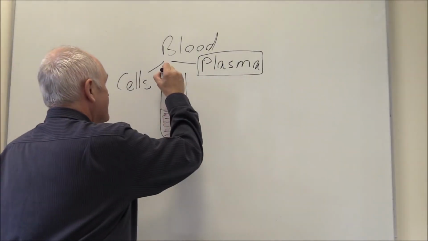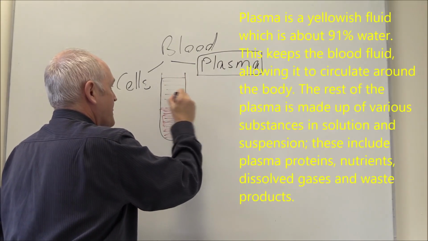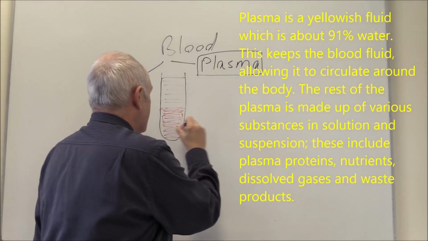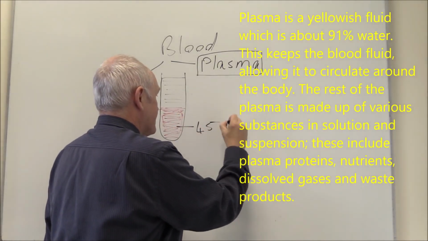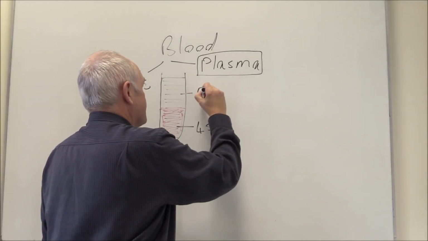And the plasma will be a straw-coloured liquid on top. And normally there might be about 45% red cells and 55% plasma.